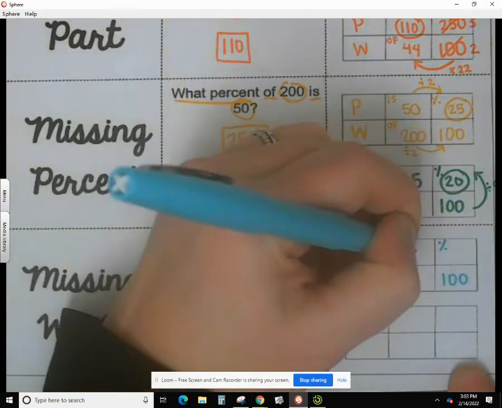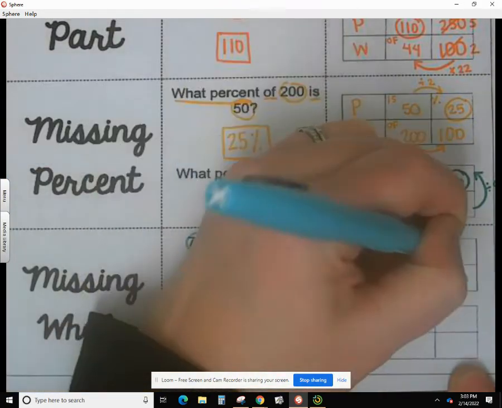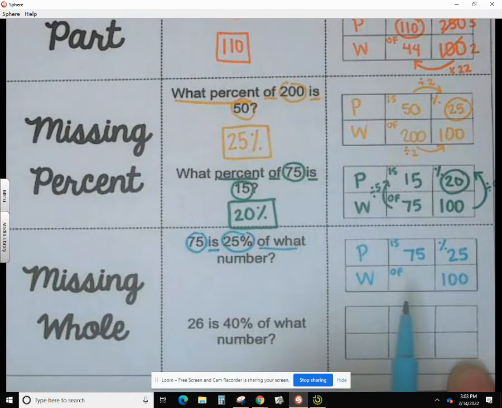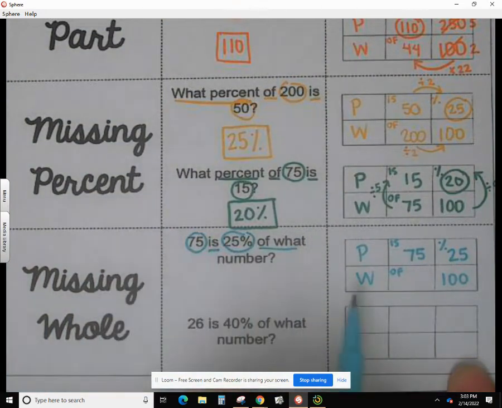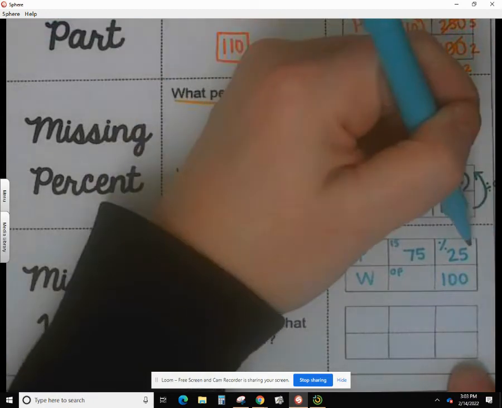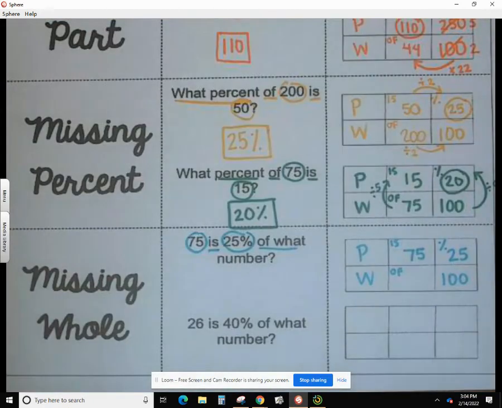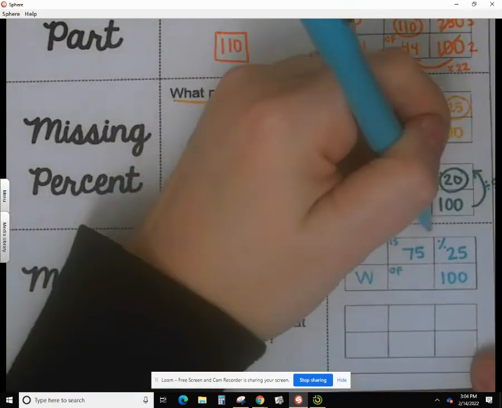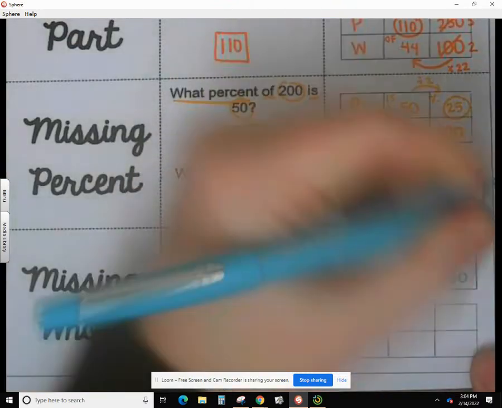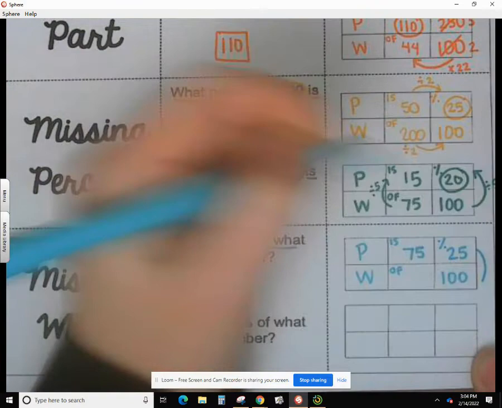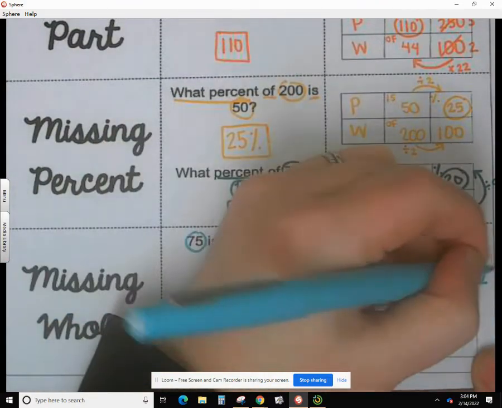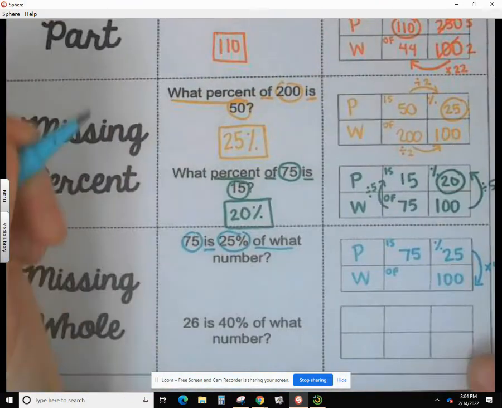75 is the is number, and 25 is the percent. So this time we have the whole box open because we don't know the whole. So our corner number here is 25, and again, this has a relationship that could go either way. We could go 25 times 3 is 75, but let's go down on this one just so we can see more relationships going up and down.